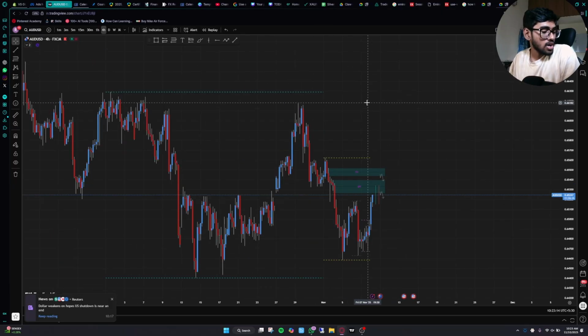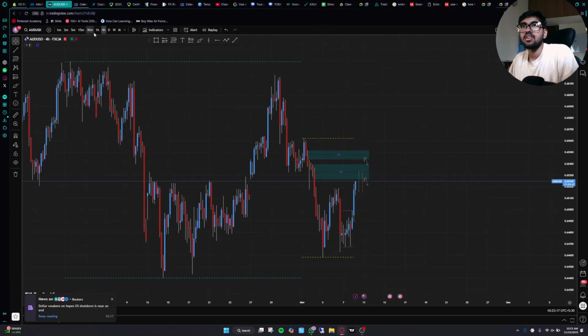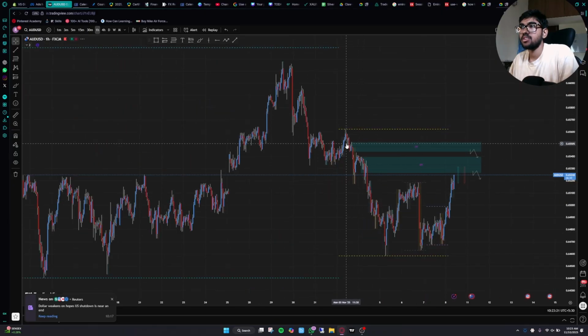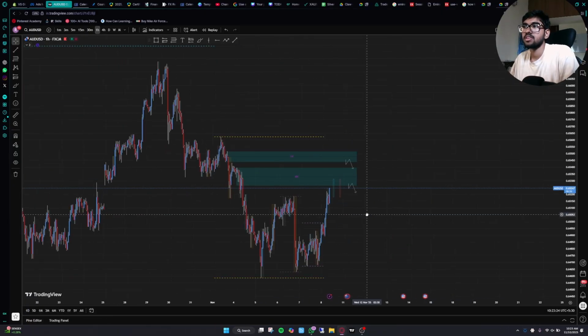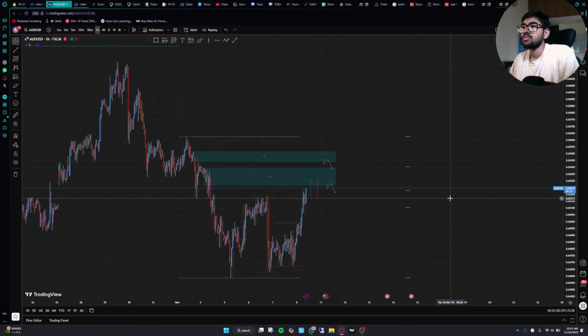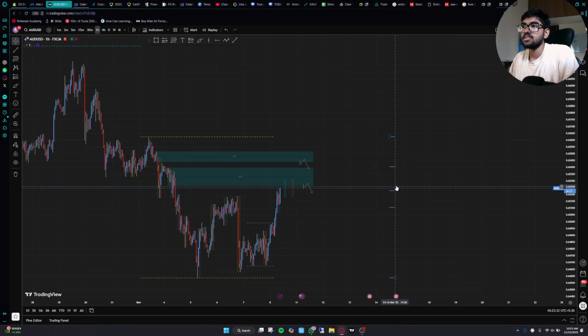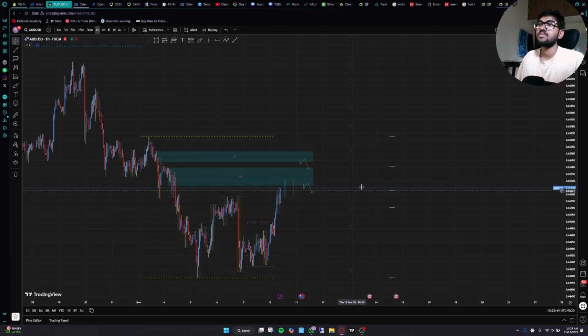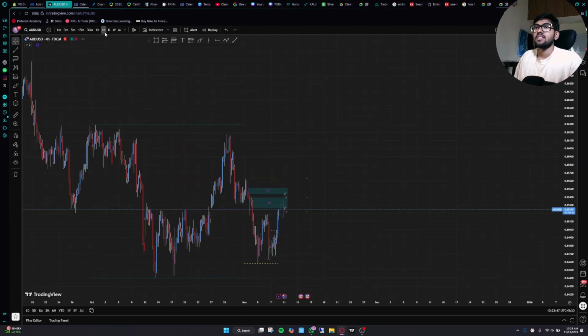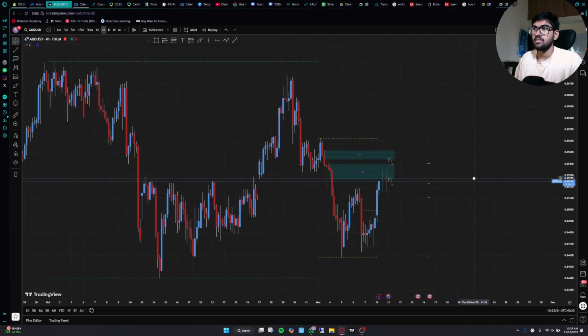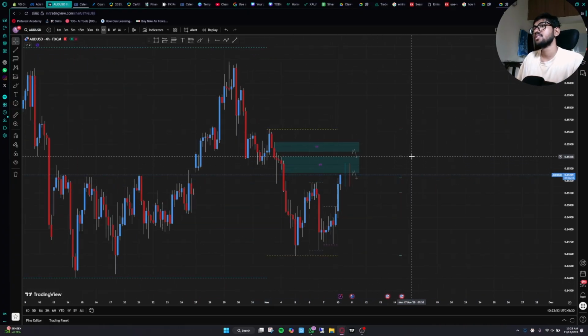Now coming on to AUUSD. So AUUSD, I've been waiting for this OB on the 1 hour for a long time, since last week actually. So now only we are seeing price come back into the zone, but this is the most extreme 1 hour zone. So I would like to target somewhere in this 4 hours region, and we'll have to see, right? 4 hours looks very good, just because of the beautiful inducement around this region.